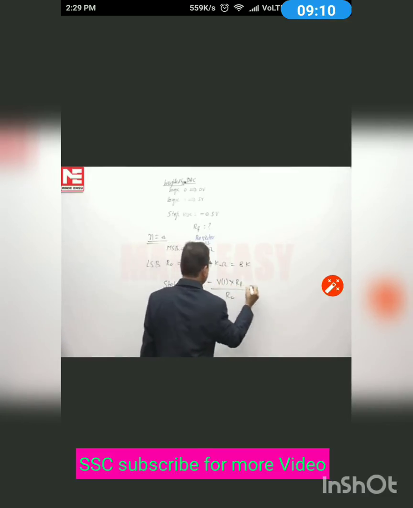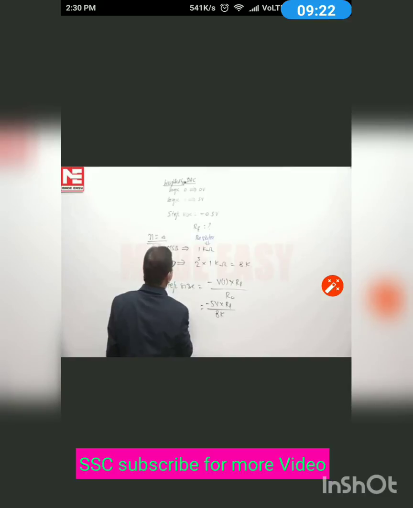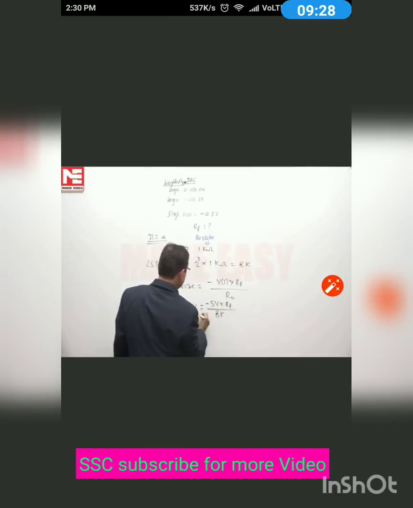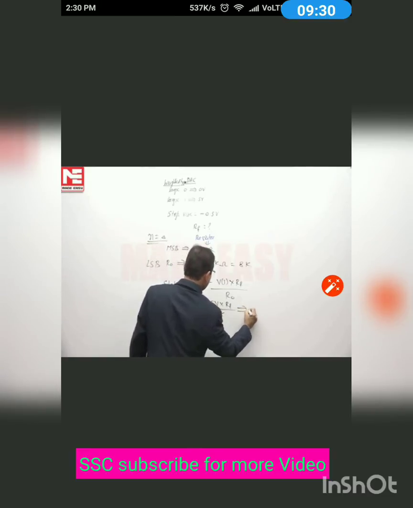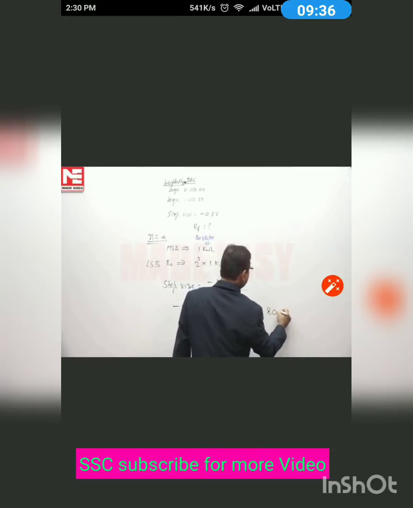If you substitute the values, this is minus 5, RF we need to calculate, and R0 is 8K, and the step size is given as minus 0.5 volts. Evaluating this for RF, RF will be equal to 800 ohms.